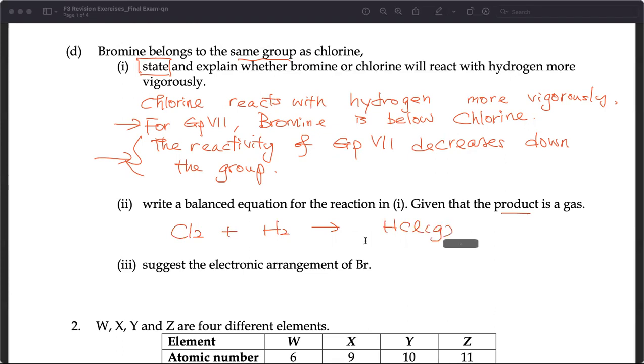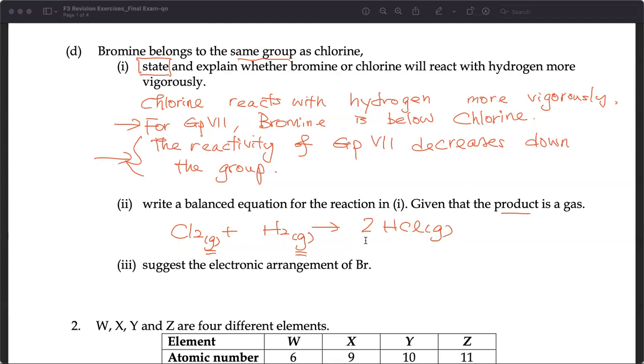To balance it, the left-hand side contains 2 hydrogen atoms and 2 chlorine atoms, so we should have 2 HCl. Chlorine is a gaseous element, and hydrogen is also a gaseous element. Most nonmetals are gaseous elements. If we want to state the physical states, we write it this way.